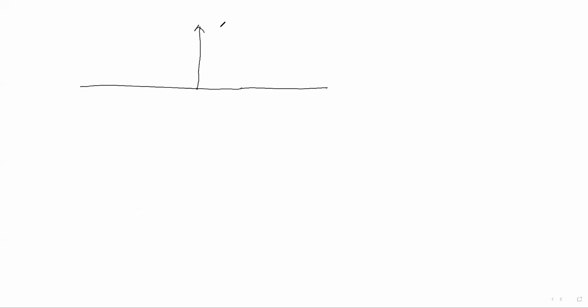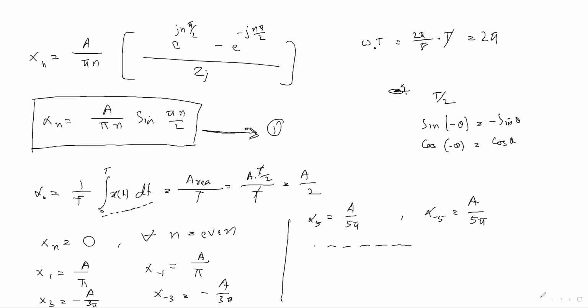You have to write like this: mod of xn, and the x-axis will be n omega naught. A naught I found to be A by 2; this is for x0. So move to the previous page. Write it first.